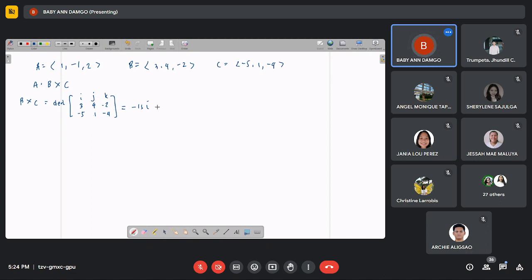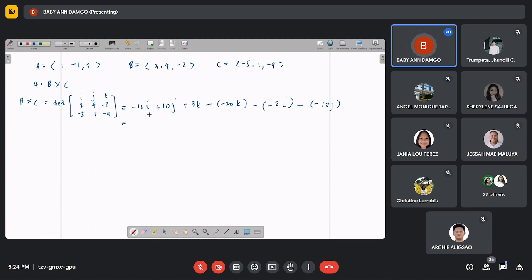This is minus 16i, plus 10j, next plus 3k, minus negative 20k, and then minus negative 2i, minus negative 12j.